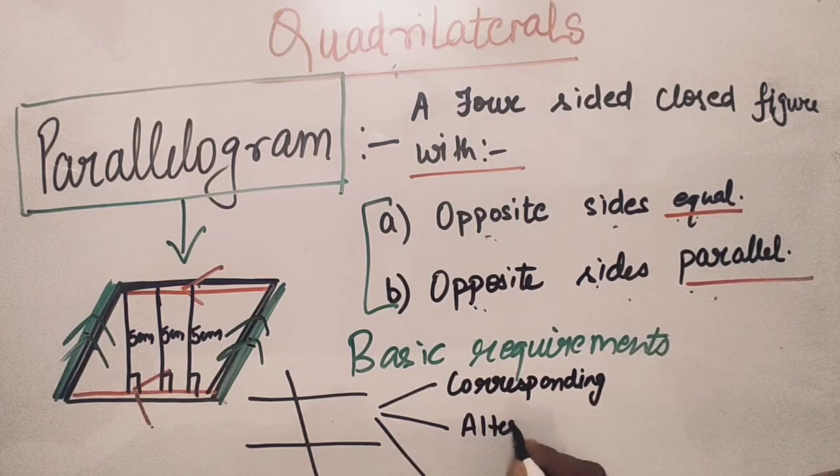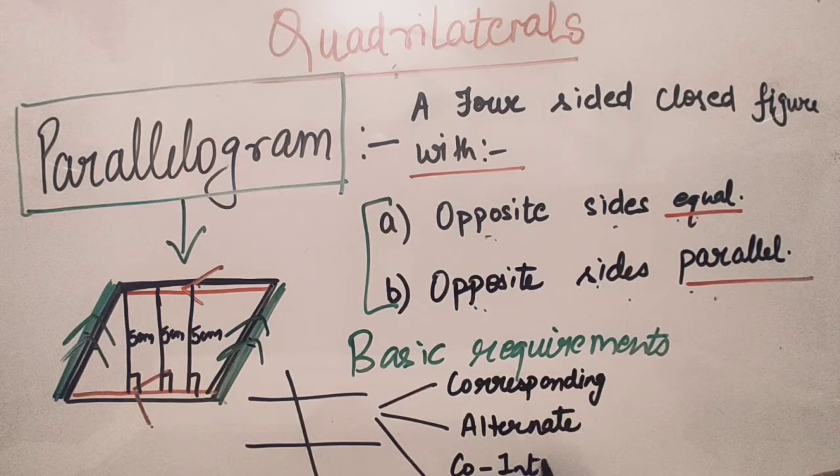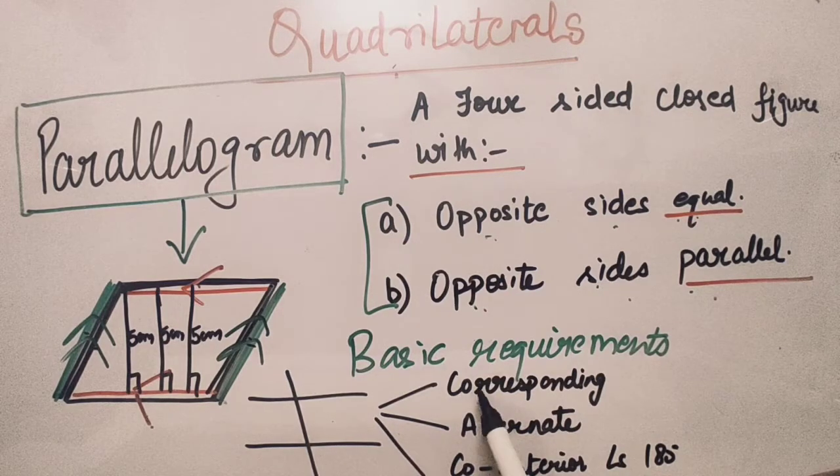Second, alternate pair of angles, right? And the third, the sum of co-interior angles. Co-interior angles have to be 180 degrees. So if any one of these three things is satisfied, we can say that the given lines are parallel to each other.